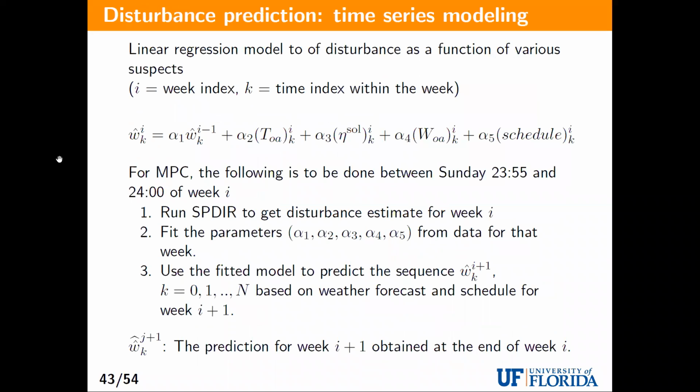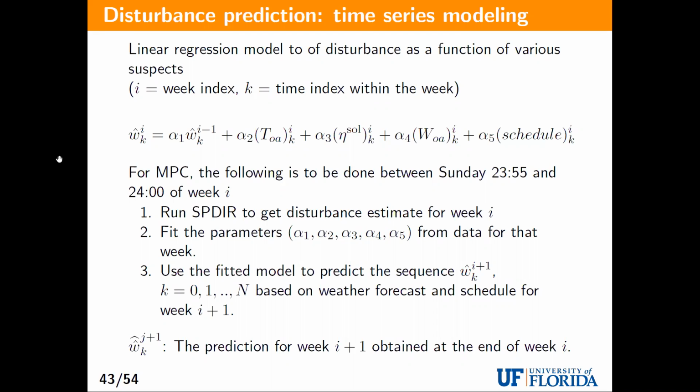Let me go to this slide first. So this is a hypothesis saying that next week's disturbance, let's say at a particular time, say next Monday's disturbance, will depend on previous Monday's disturbance, and also will depend on the outside temperature and humidity and all of this stuff. But more importantly, the schedule.